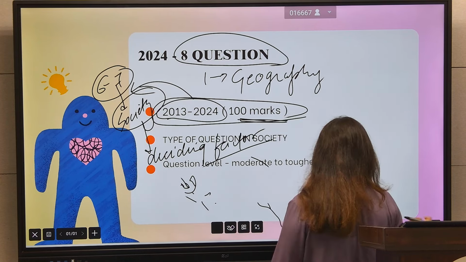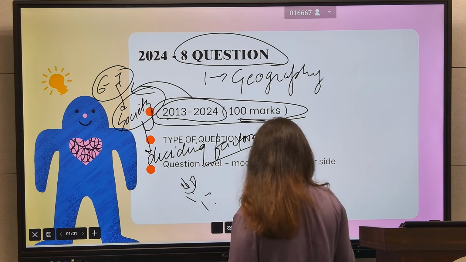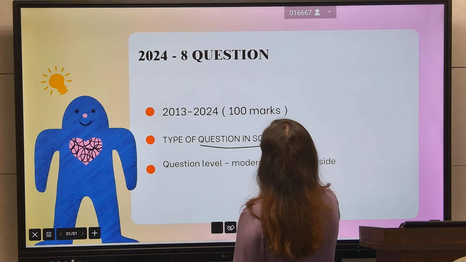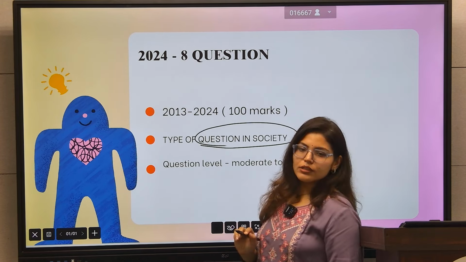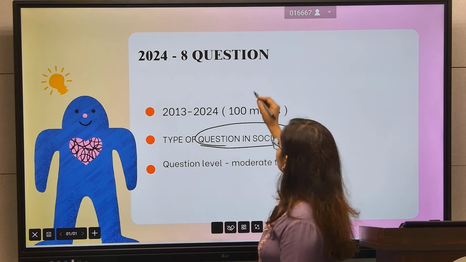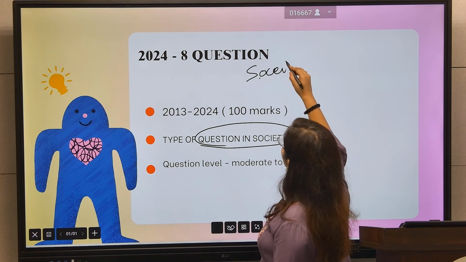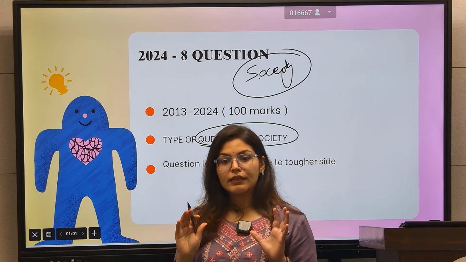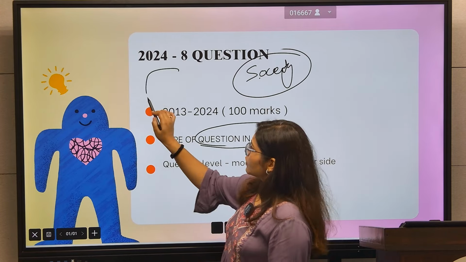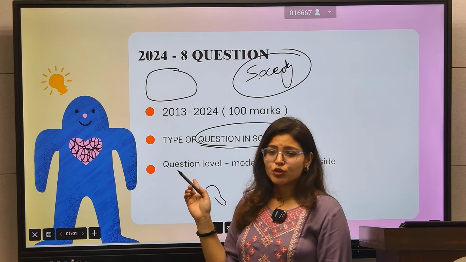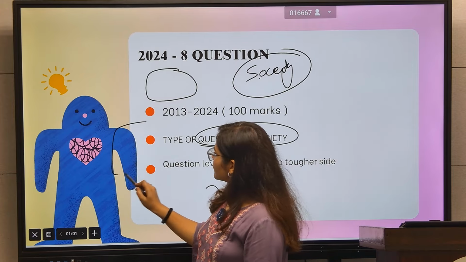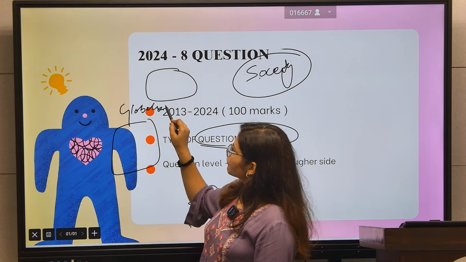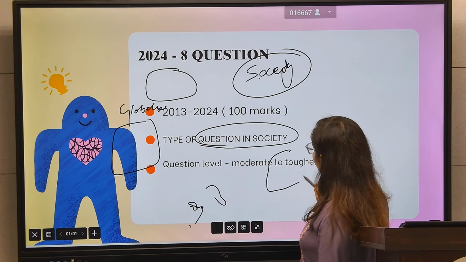Now see what type of question came in the GS paper in society. For society questions, you have to interlink points. The question is not direct from your notes. Some parts are covered in different notes, different topics, like some points are from globalization, some points are from women.